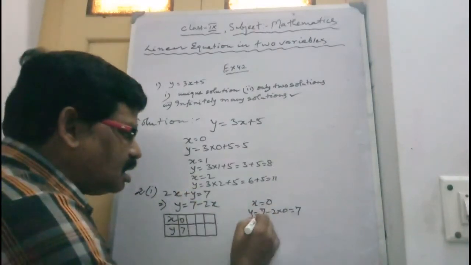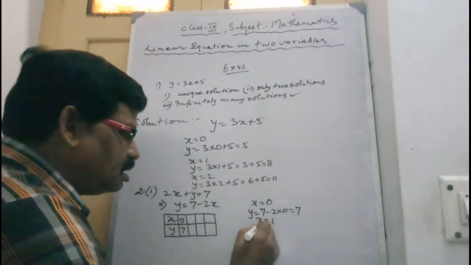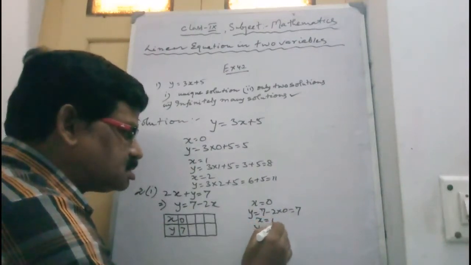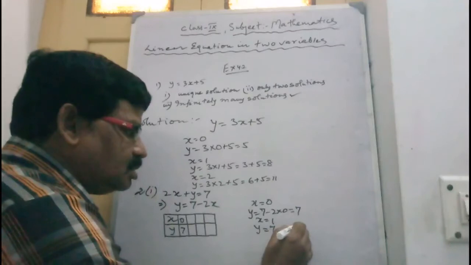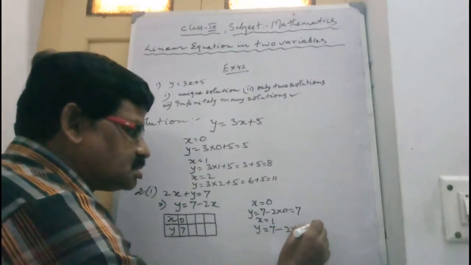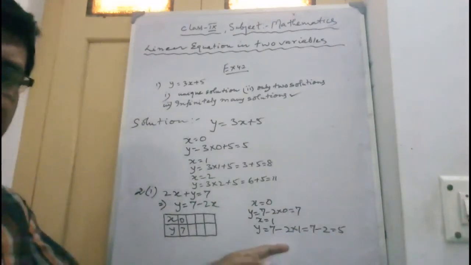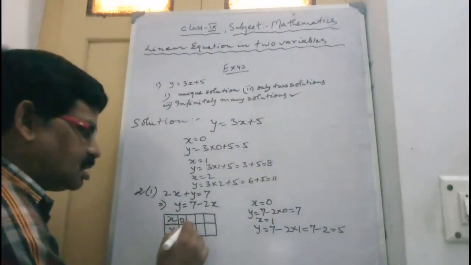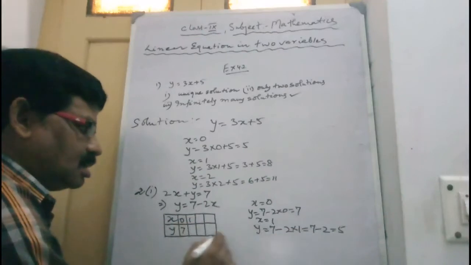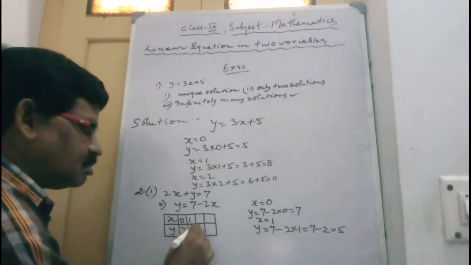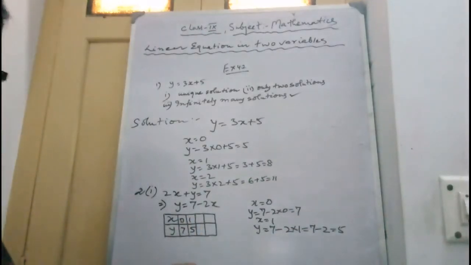Now take x equal to 1. So y equal to 7 minus 2 into 1. So 7 minus 2 is equal to 5. So when x is 1, y is 5. So second solution you got.